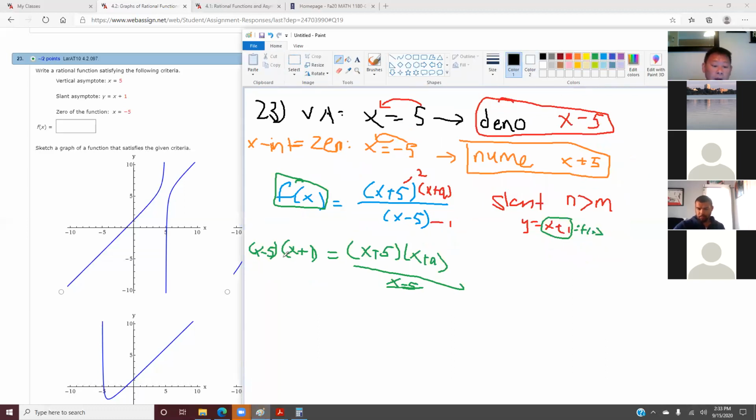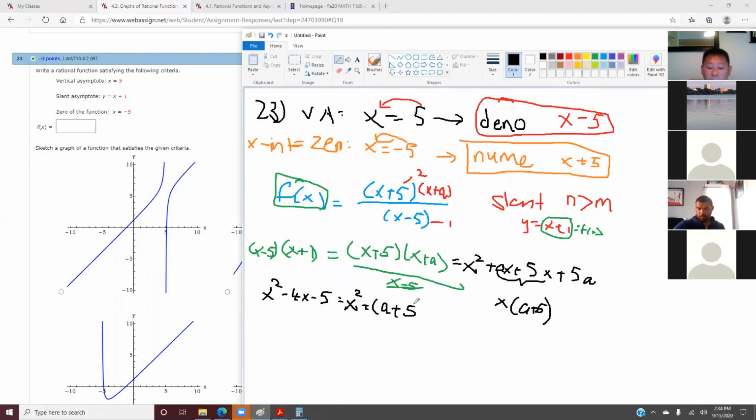Okay. So the FOILing for this, you will get x squared minus 4x minus 5. Now the FOILing of this is tricky because you will get x squared plus ax plus 5x plus 5a. Now these two terms are like terms in x, so you can factor out, becoming a plus 5. So this will give me x squared plus (a plus 5)x plus 5a.